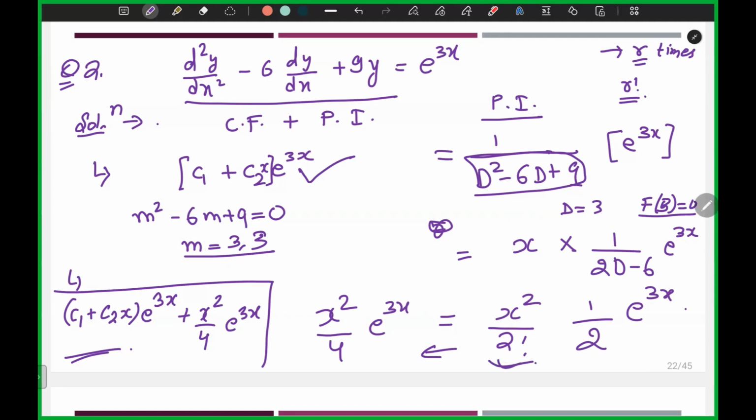Otherwise, if it were (m minus 3) raised to the power 3, then here we can write 3 factorial instead of 2 factorial. 3 factorial will come extra. If this part also comes to 0, then if we go for the third differentiation, it will come like x cube upon 3 factorial and some e to the power 3x.